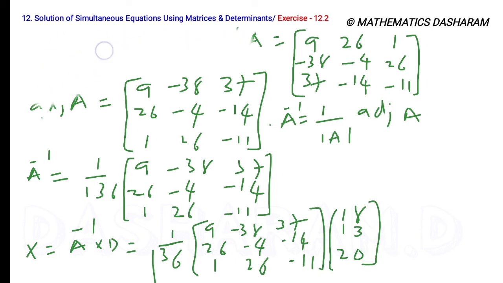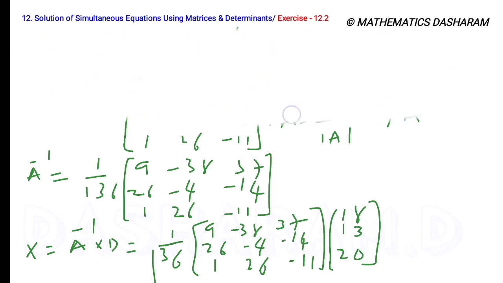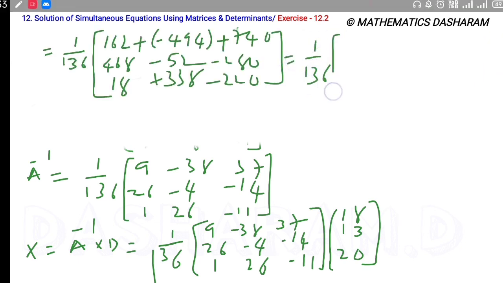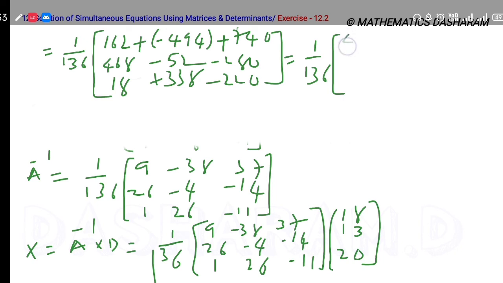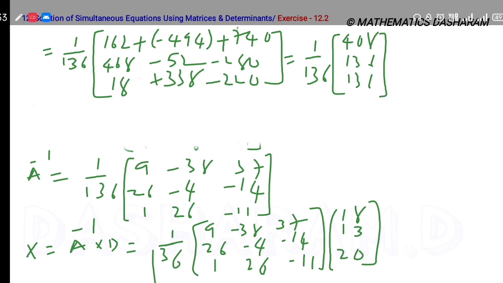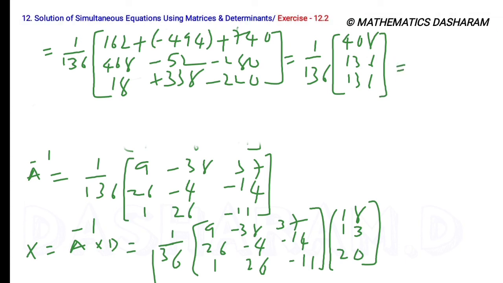So let's multiply the two matrices to get the variable matrix. It is equal to 1 by 136 into 408, 136, 136. Let's multiply 1 by 136 inside.